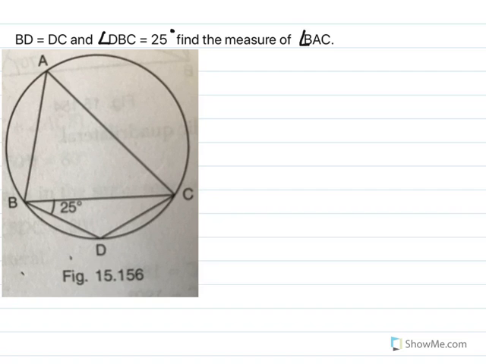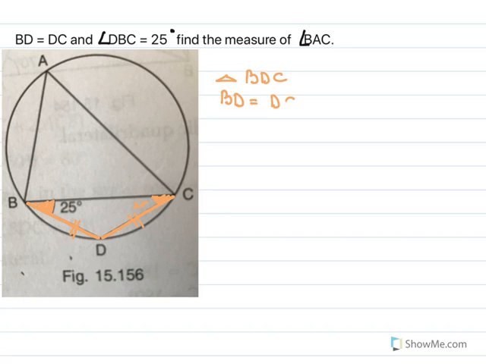BD equal to DC. So let's mark here. BD equal to DC. If two sides are equal, two angles will be equal. Two sides equal, so this is 25. Here this angle also will be 25. So let's mark that. So we have triangle BDC.